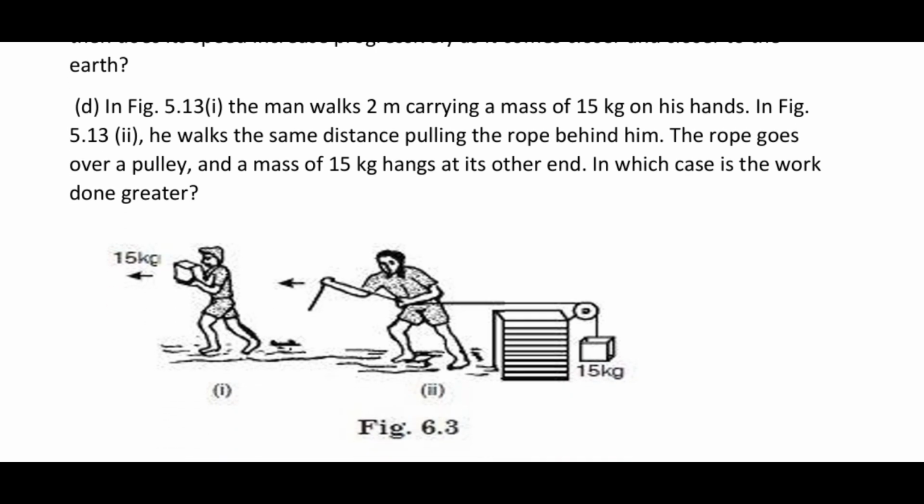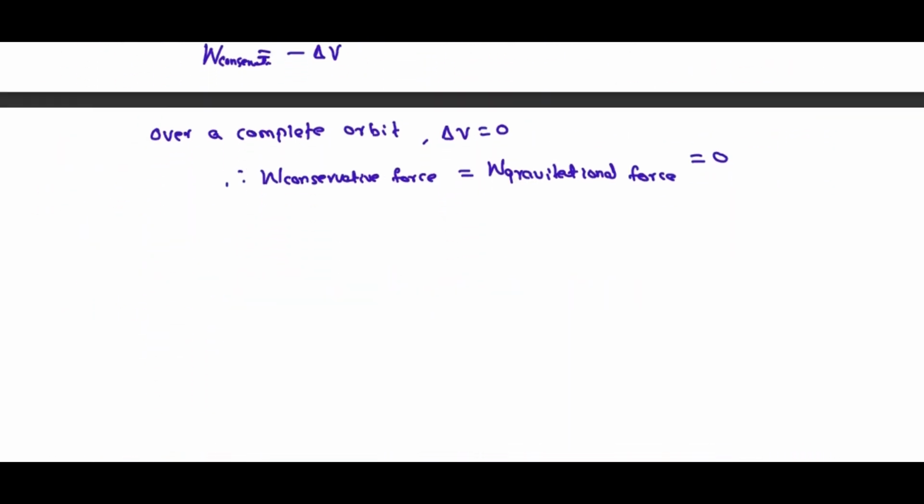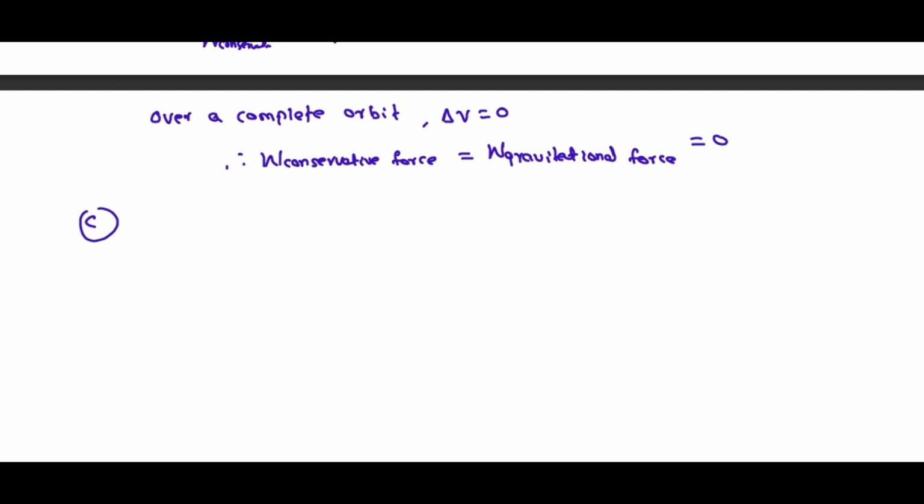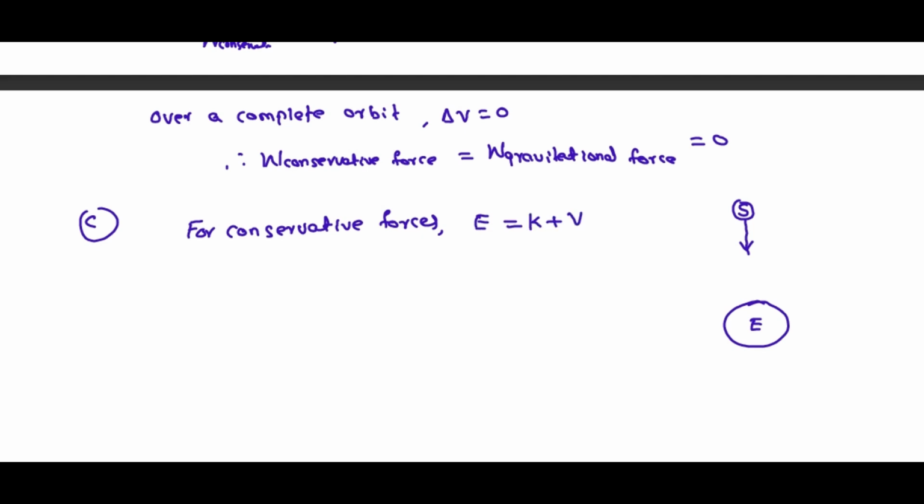Whenever it is coming closer, see, suppose this is Earth. The satellite is coming closer. For conservative forces, total energy is equal to sum of kinetic energy and potential energy.